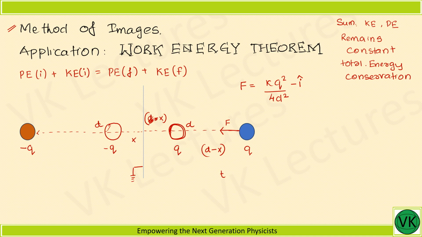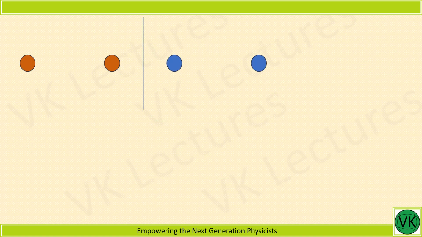So we can write VI plus KI equal to VF plus KF. This is what we are going to prove here. So here we have the entire distance d.